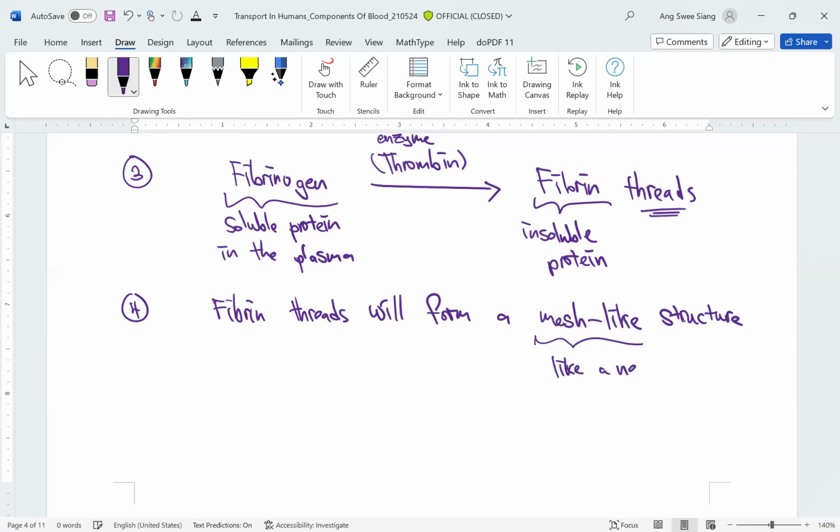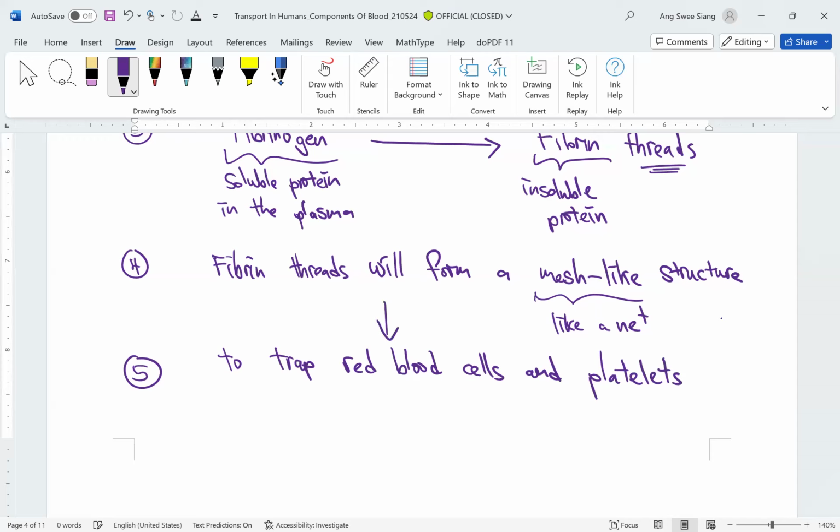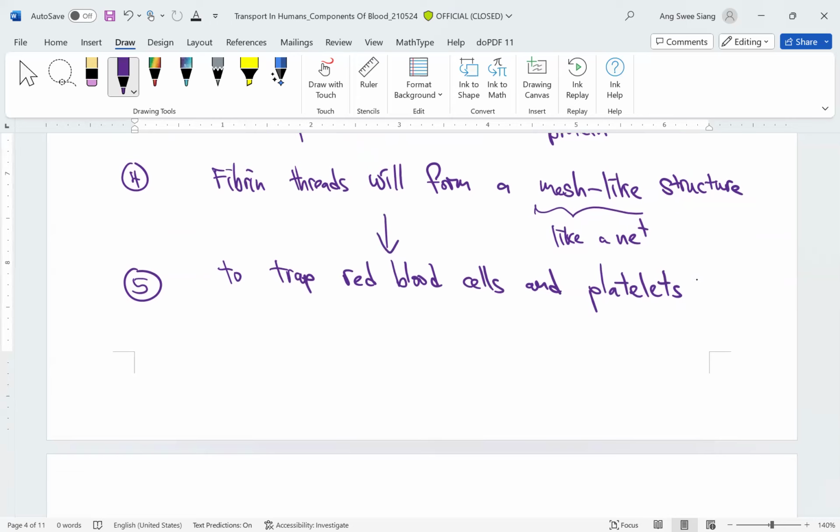This mesh-like structure will then trap more red blood cells and platelets, and this will then form a scab to cover up the wound.